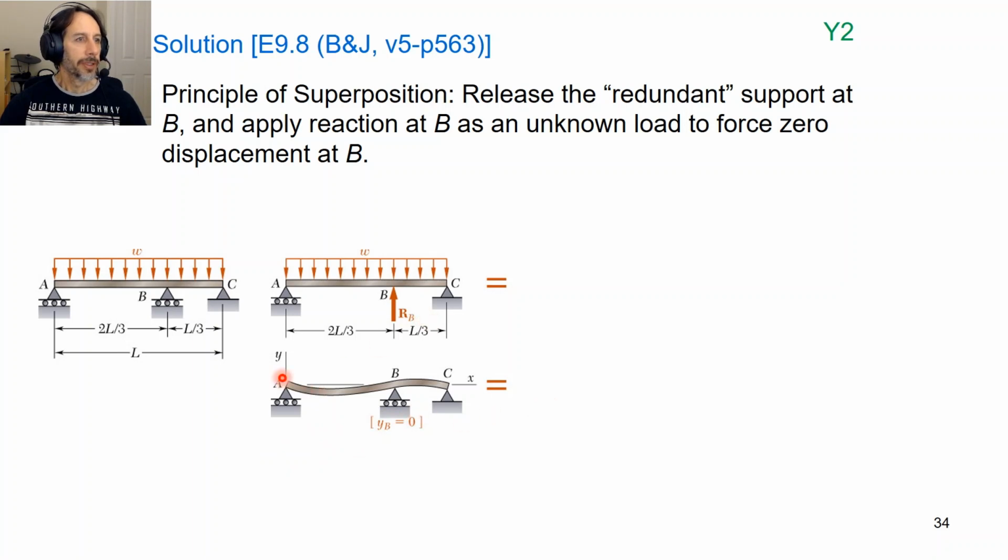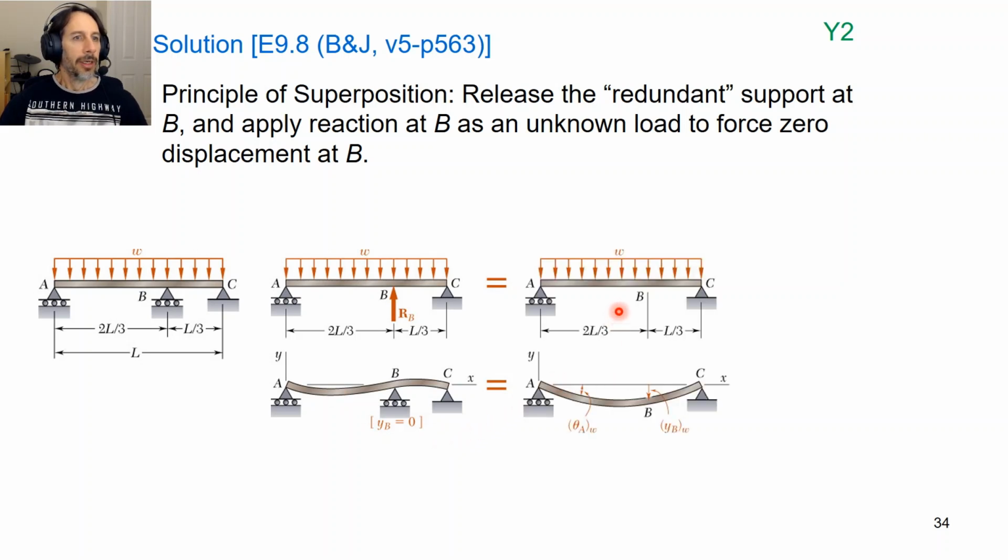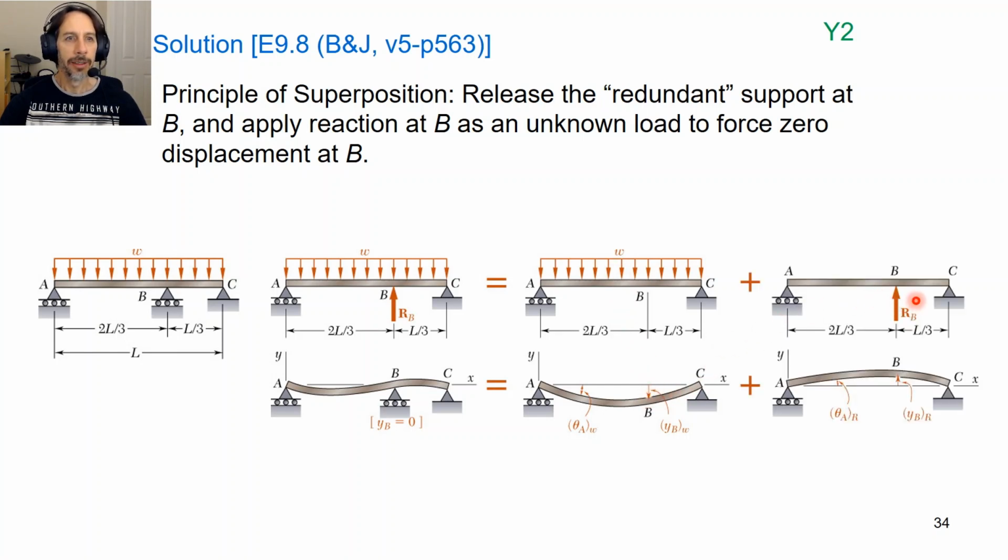Okay, so this is what our deflected shape would look like. Now using superposition, we're looking at just the original loading, so it deflects the beam downwards. That will give us a deflection here at B. And then our second load case will be our redundant reaction force, RB, acting up here, which gives us a deflection upwards like this.